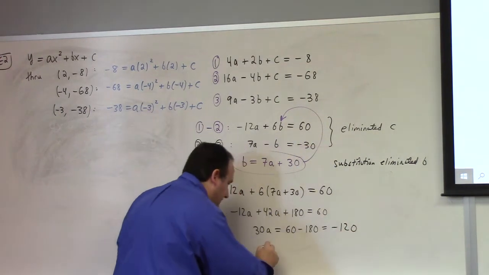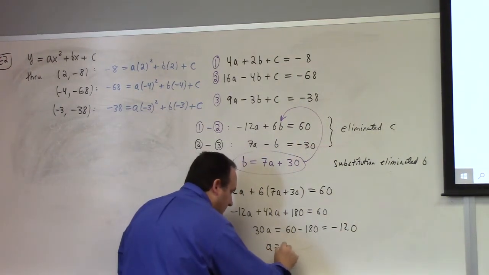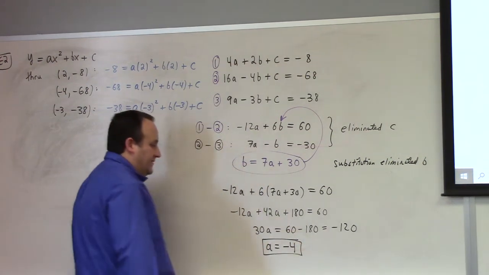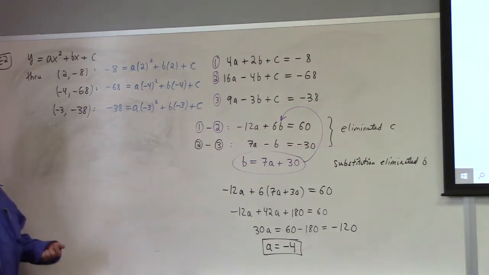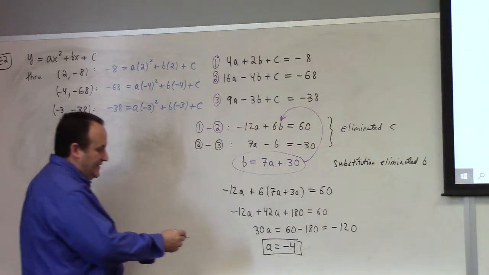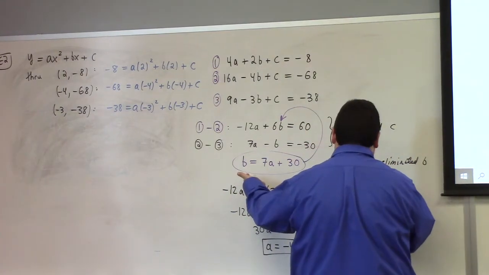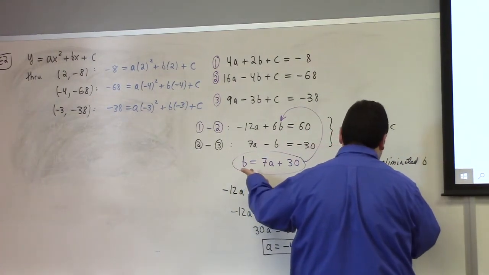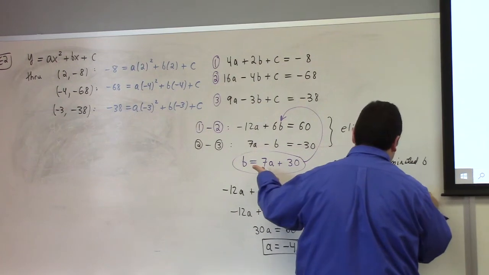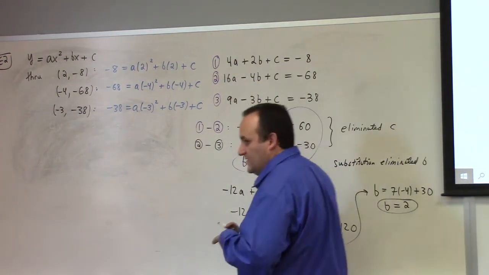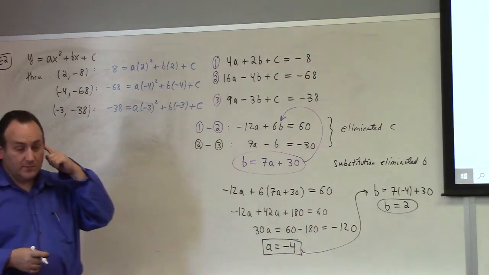Negative 120, which gives us a is equal to minus 120 over 30, which is minus 4, right? Then you take that and plug it back in, work your way back up here. So b is equal to 7 times minus 4 plus 30, also known as b equals 2, because 30 minus 28 is 2.